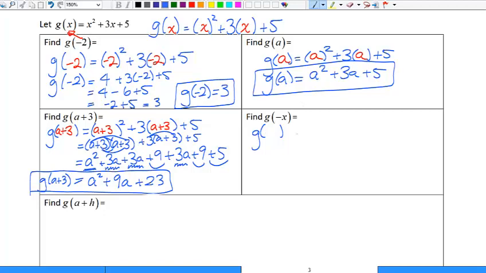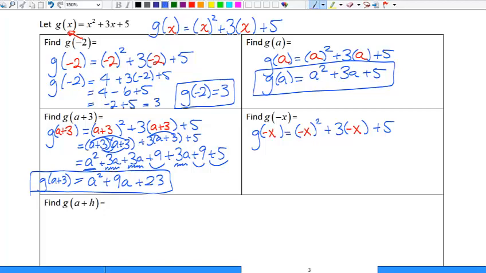Alright, so when I have g of x, going back to the original problem, g of x equals x squared plus 3x plus 5. That's the original function g of x, just with parentheses instead of x's. Now I'm going to replace all those x's with whatever's inside the parentheses, in this case negative x.